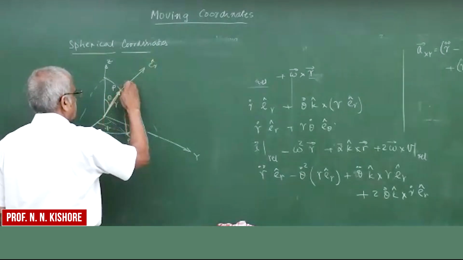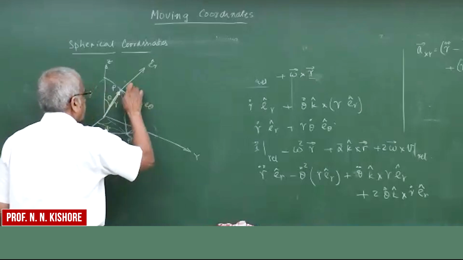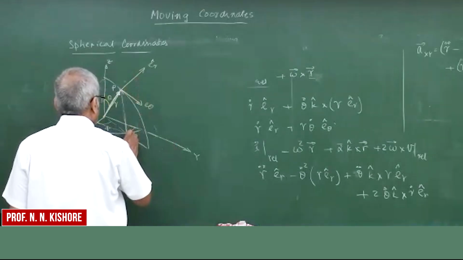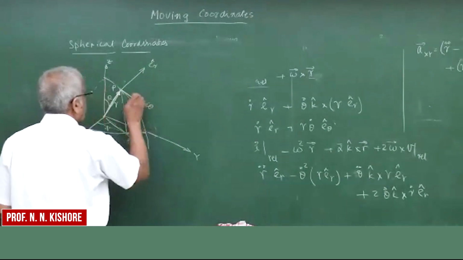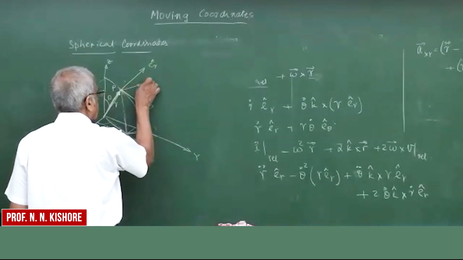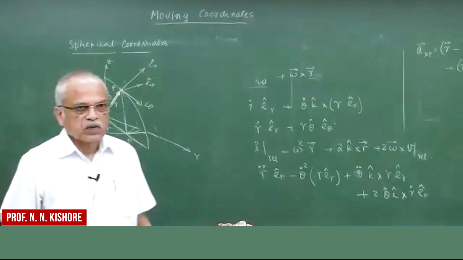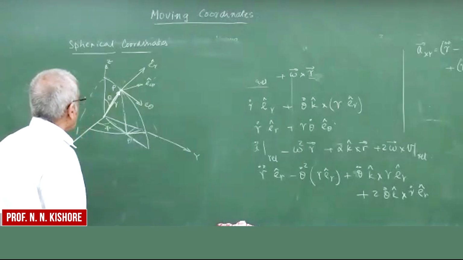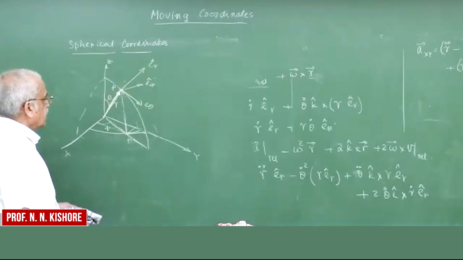Theta here is, and this is the phi here. Okay, so this is what the R theta phi system is.